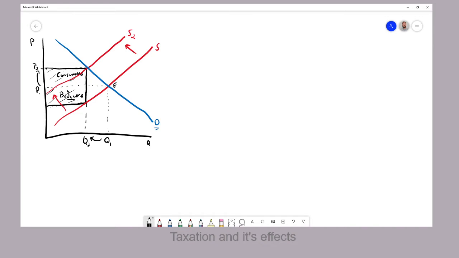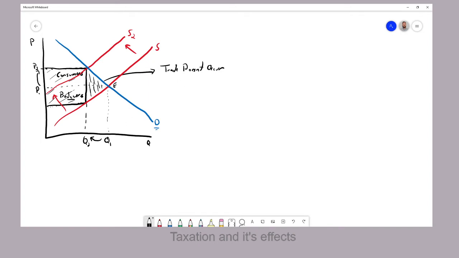So the tax falls upon both the people who are paying it and the people who are producing this, which leaves us this area here, which was a part of our consumer and producer surplus and is now not occurring. This area here is now trade that doesn't occur because of this tax.